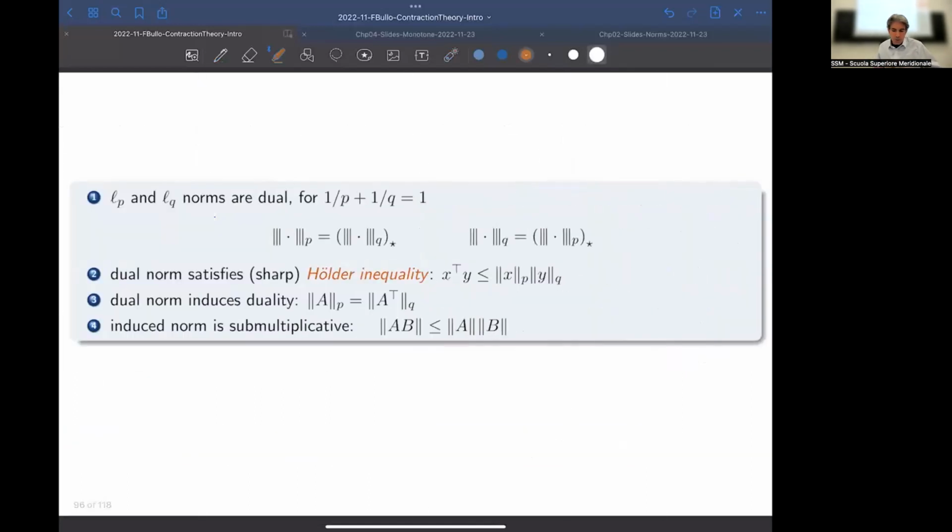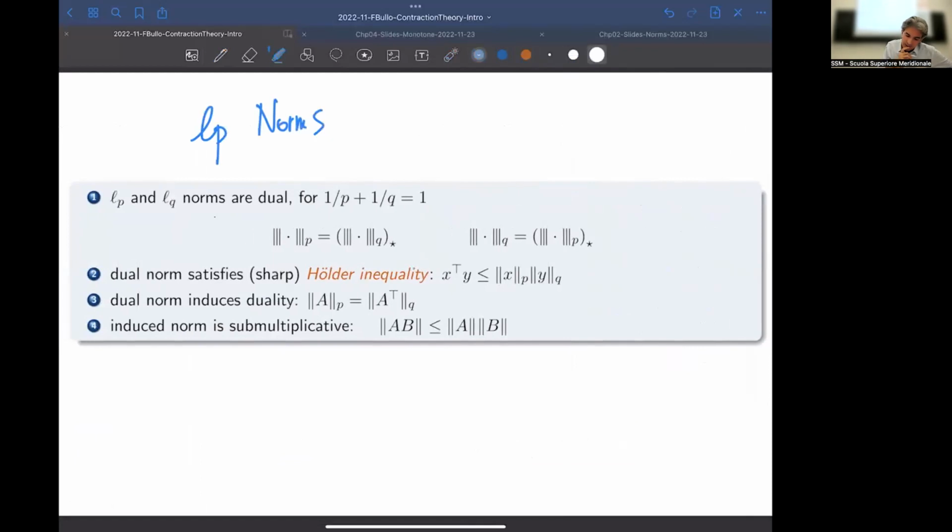So I'm almost done. I have 2 more slides. Before I give you the results for these semi-norms, let me remind you of what is known for the case of norms. For the case of LP norms, these 4 facts are all well known.